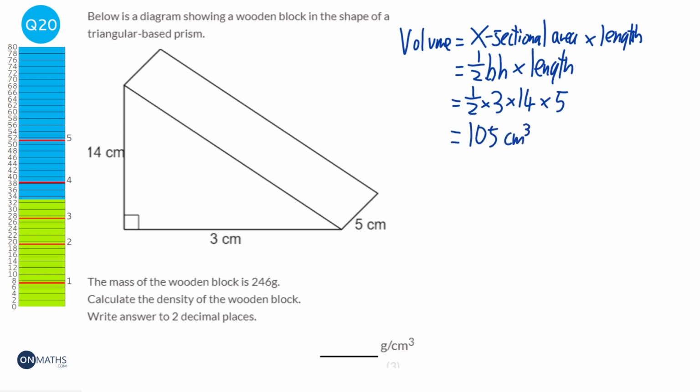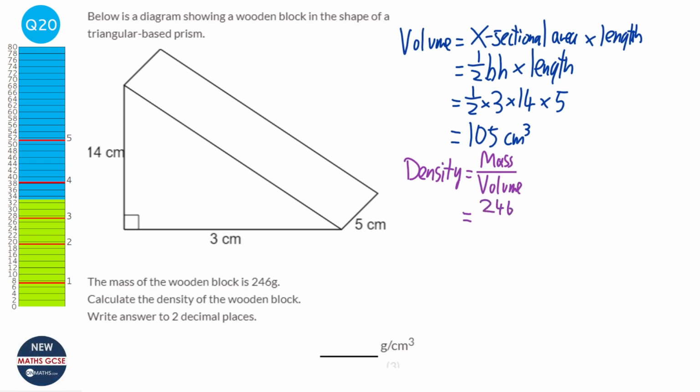Right, now we need to find out what the density is, and the formula for density is mass divided by volume. The mass is given to us in the question is 246.